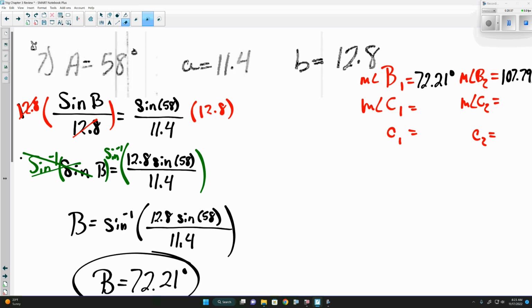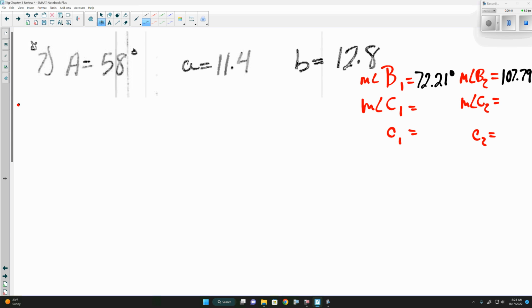To find angle C, we know that any three angles in a triangle add together to be 180. So we can add 58 and 72.21 together, then subtract it from 180. That's 130.21. Subtracted from 180.